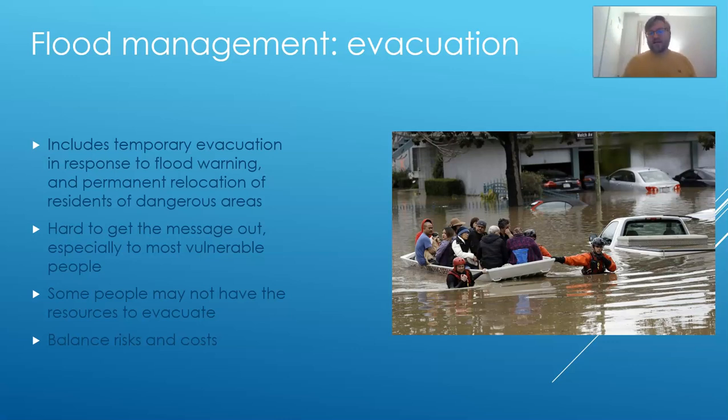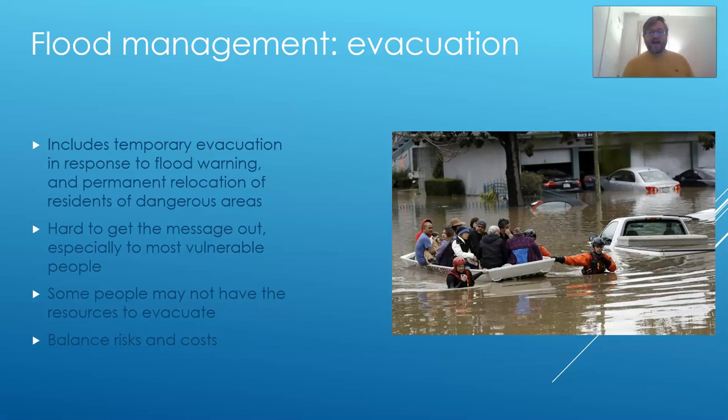Evacuation can be hard to get the message out. If there is a flood coming, how do you get through to everybody? Not everybody is watching TV. Not everybody's listening to the radio. Not everybody has a cell phone turned on to get an emergency message. Not everybody's looking at social media where various agencies might put out that information. So it can be hard to get the message out, and the most vulnerable people are often the hardest to reach, people who are in poverty.